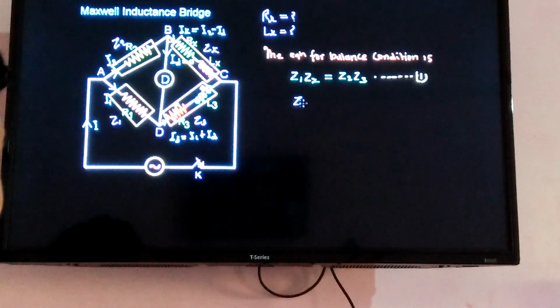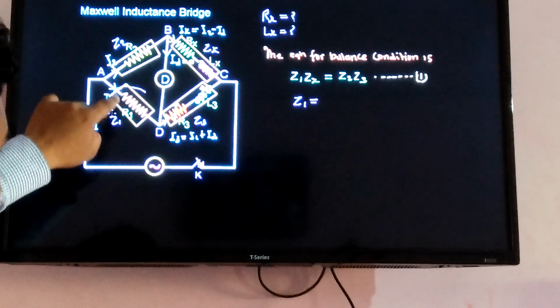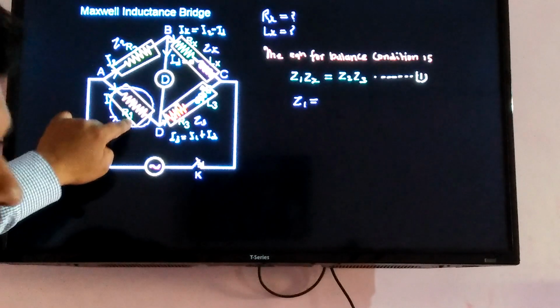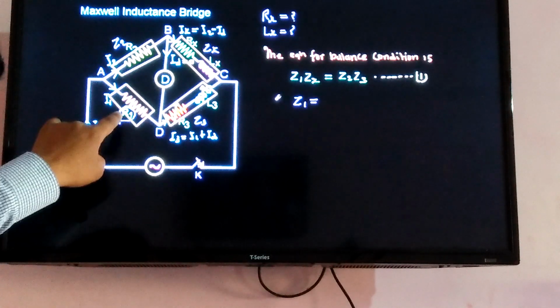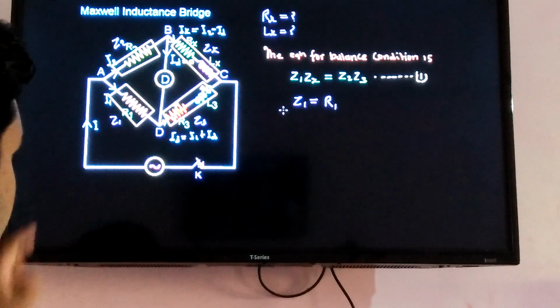Here the value of Z1 is equal to the pure resistance R1.